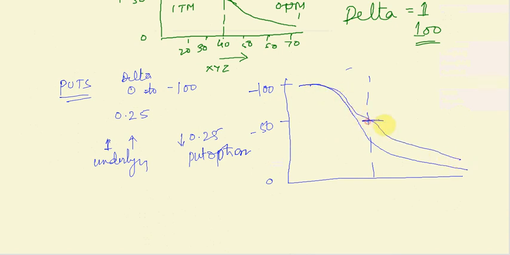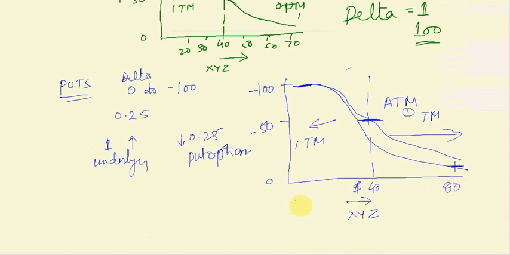This is at the money, deep in the money, delta approaching minus 100, and out of the money, the delta approaches 0, and this is XYZ increasing. This was for a $40 put, $80 here, 0 here. And we'll talk more about the properties of delta in the next video.